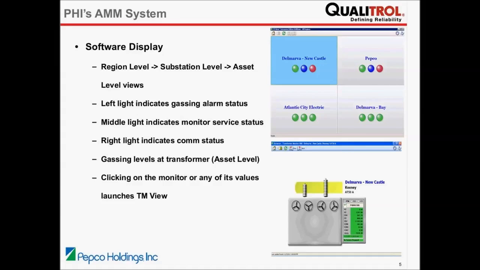So this is the simple approach they followed, and this approach basically helped them to identify the bad actors, understand the main reason for a particular kind of behavior in a transformer, and replace the transformer well in advance.